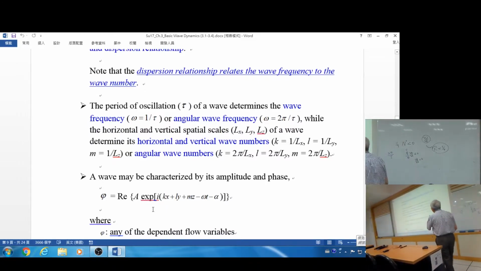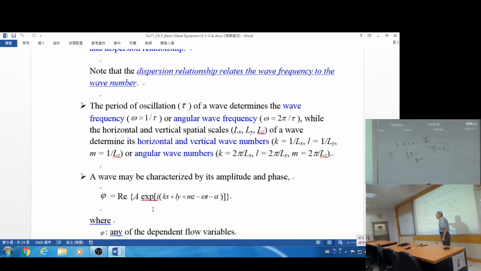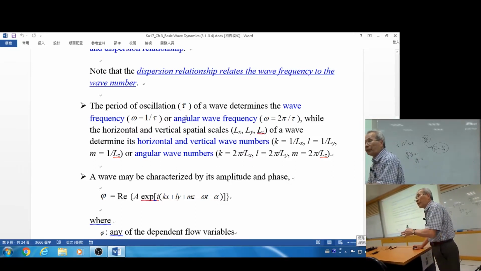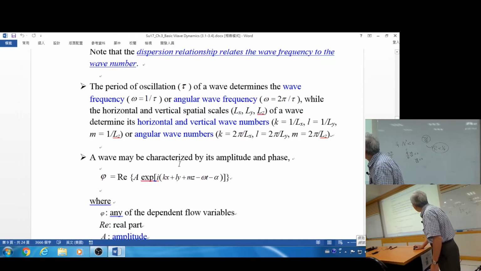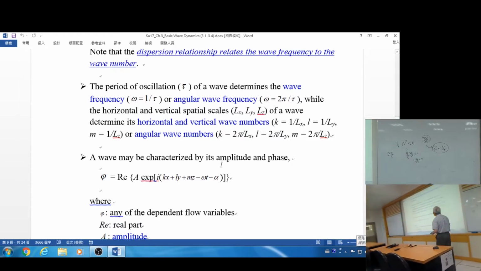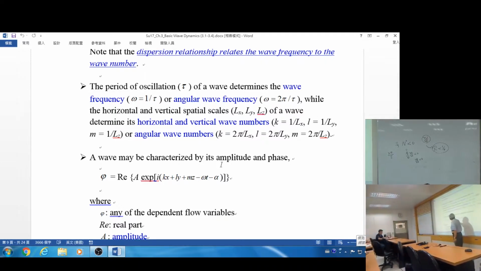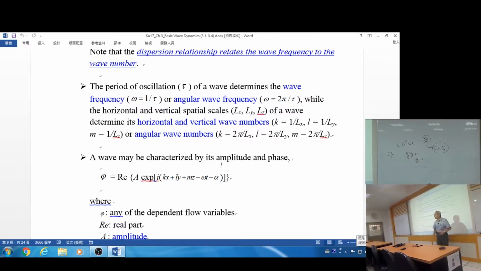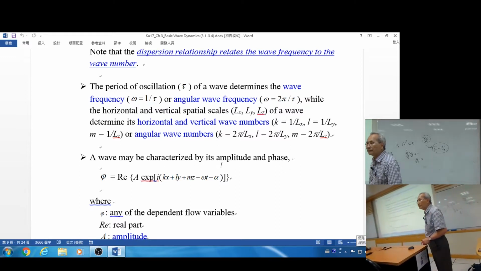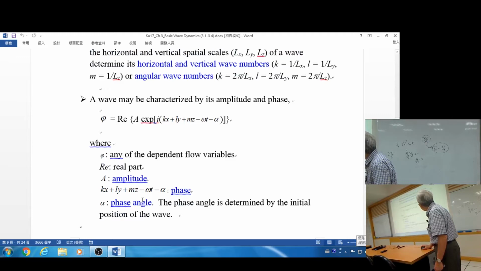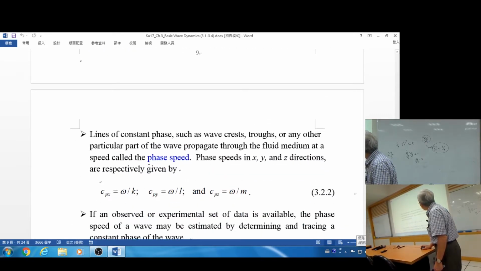A wave may be characterized by its amplitude and phase. This is important, because sometimes you don't understand why we use 1 over tau, and other times 2 pi over the period. So this is the wave amplitude, k, l, m are the wave numbers, omega is the wave frequency, and alpha is the phase angle.